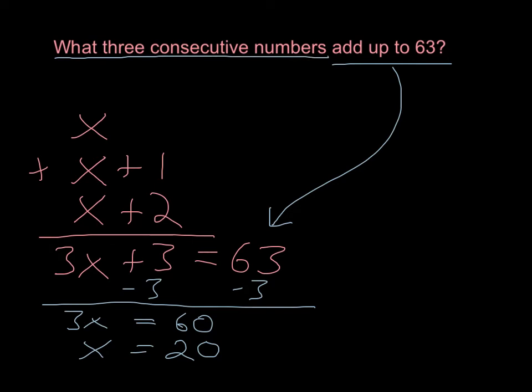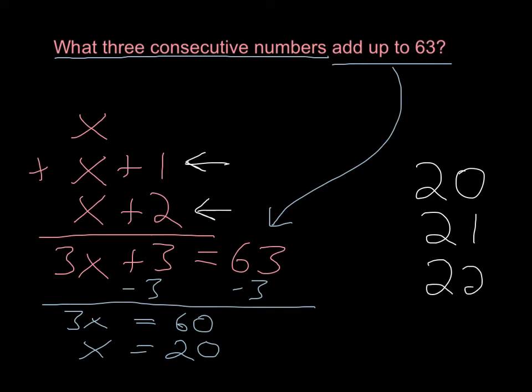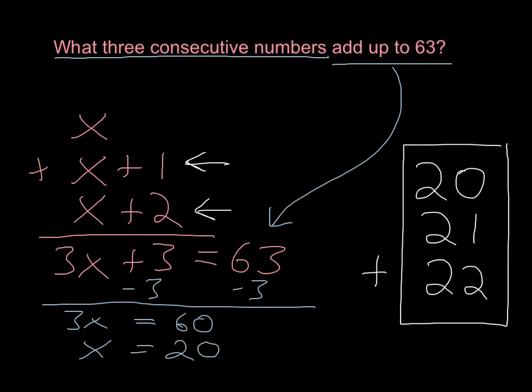So if 20 is my first number, then 20 plus 1 is my second number, and 20 plus 2 is my third number. That's the answer to the question. And if I want to check, 20 plus 21 plus 22, if I add them all together, I get 63.